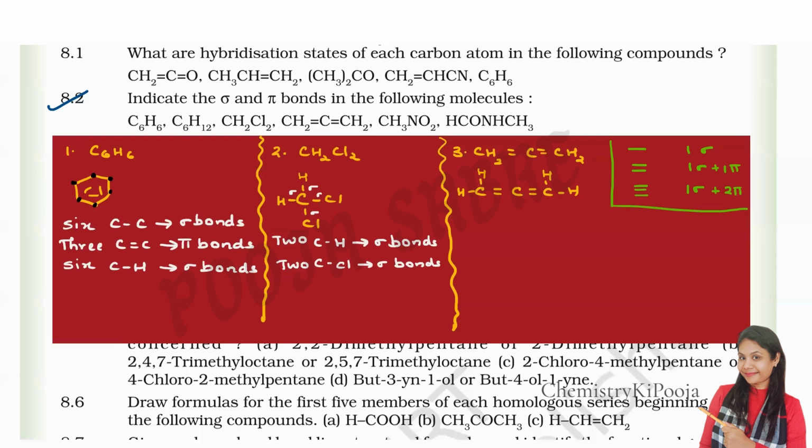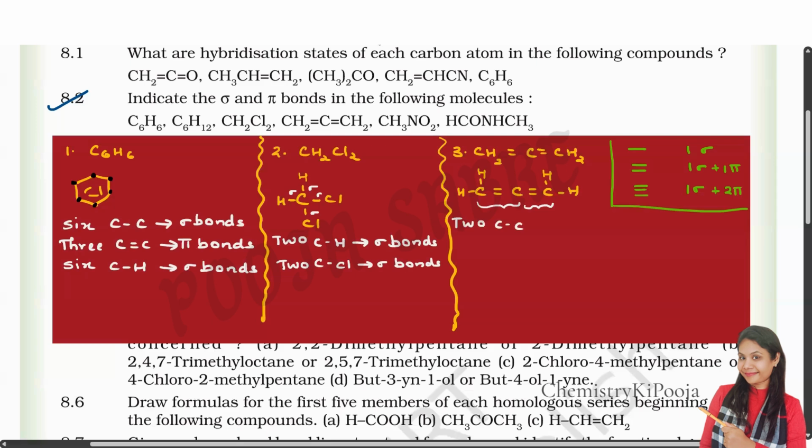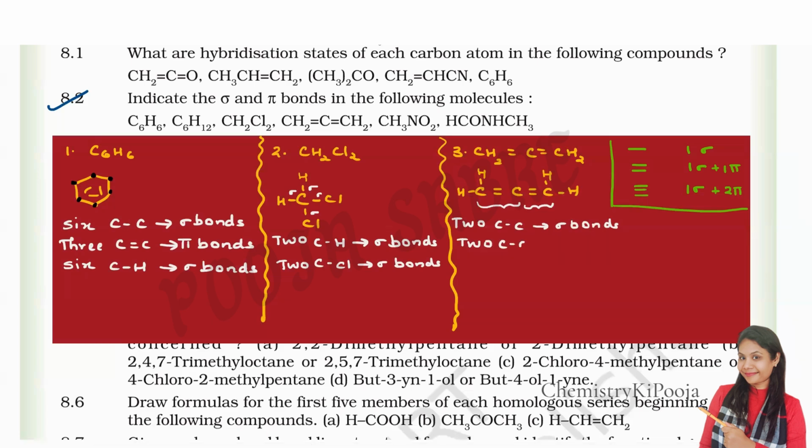Now we have two carbon-carbon sigma bonds, here this is a sigma bond and then another sigma bond, right? Then at the same time we have 2 carbon-carbon pi bonds, right?